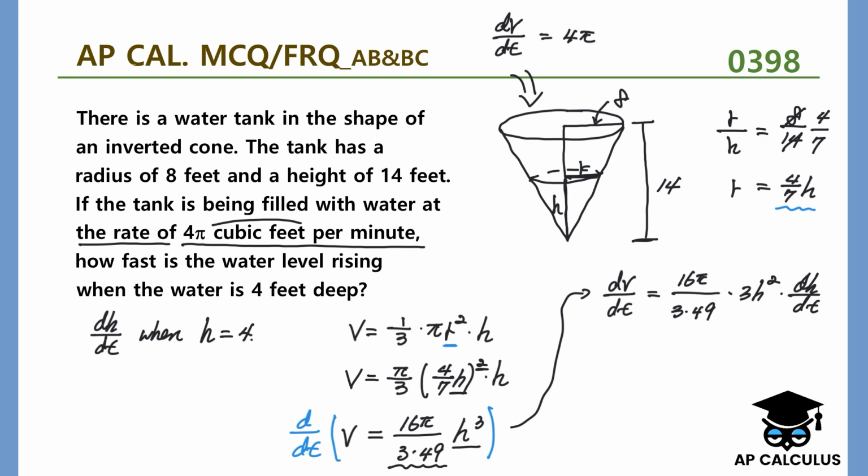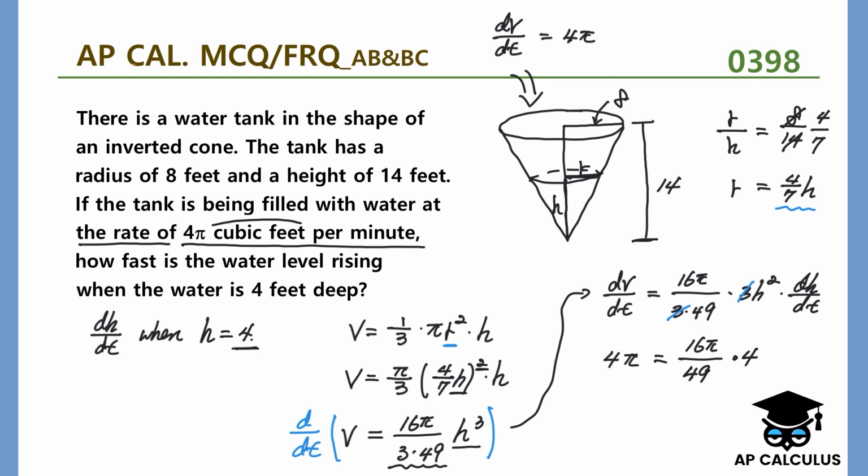dV over dt is given right here. That's 4 pi. So 4 pi is equal to 16 pi over 3 times 49 times 3 h squared, and this 3 cancels out. So we have 16 pi over 49, and h is 4. We're trying to find dh over dt when h is equal to 4, so we're going to substitute 4 for h.